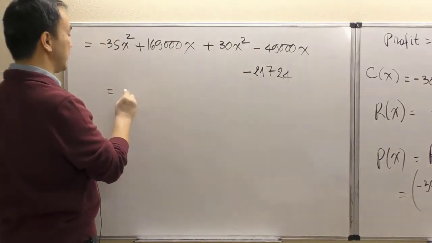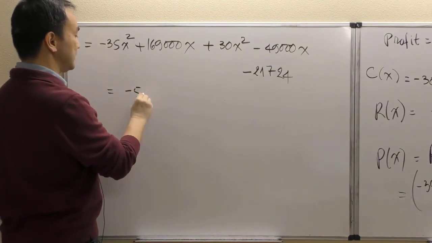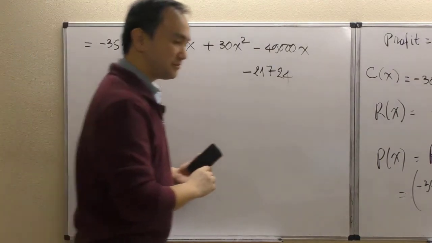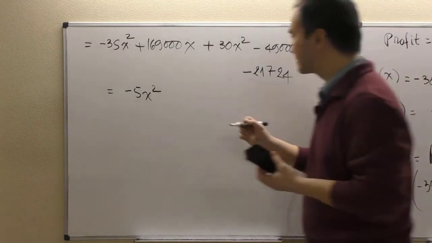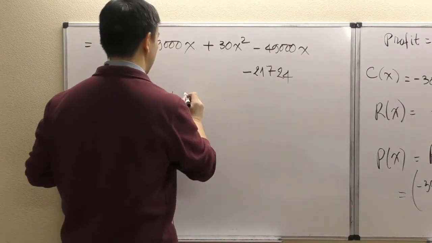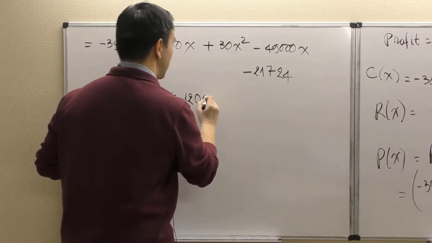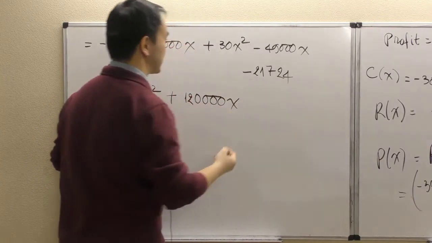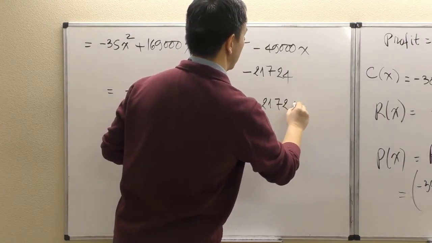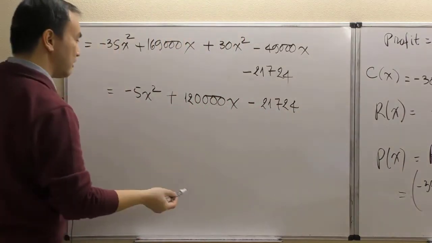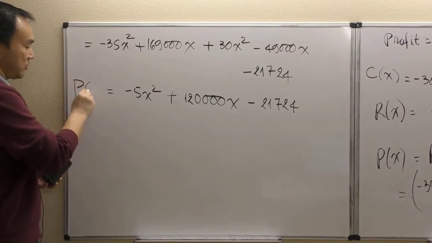So now I'm looking at minus 5x squared plus 120,000x, and now minus 21,724. Okay, so now, ladies and gentlemen, this is our final objective function.